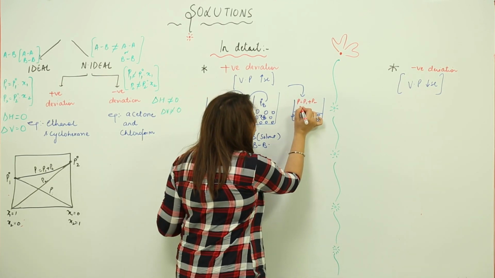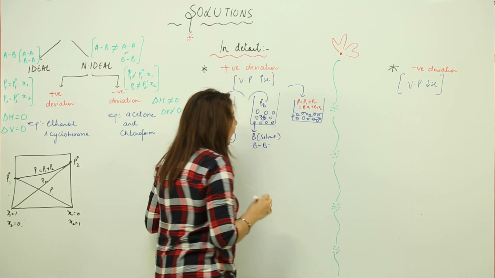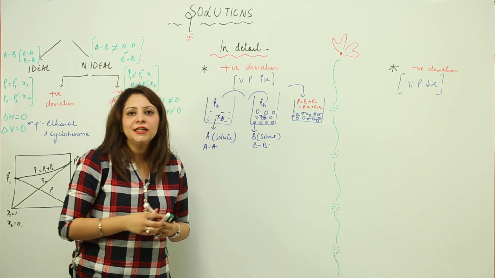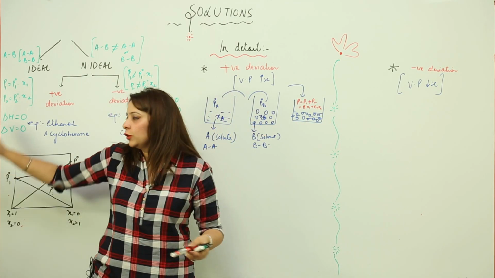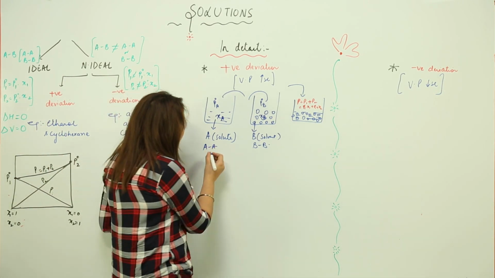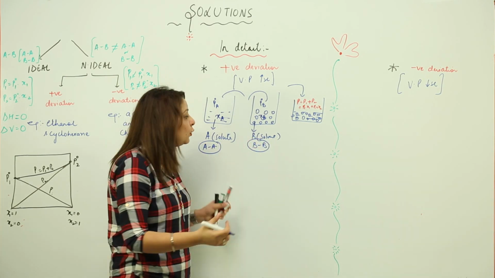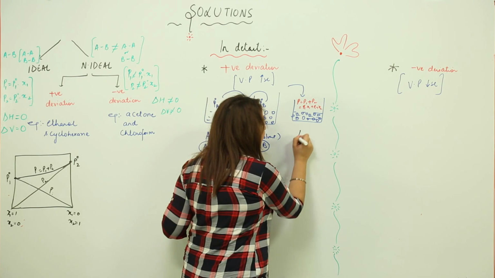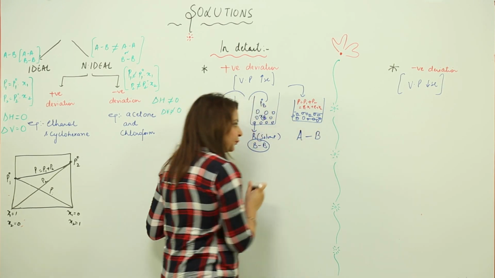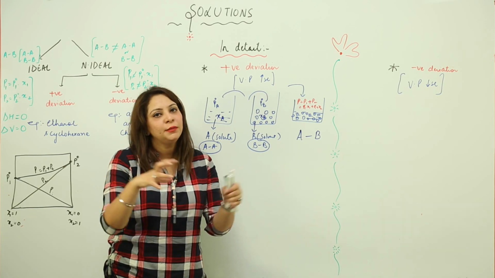So it is equal to P1 naught into X1 plus P2 naught into X2. It should actually happen like that if it is an ideal solution, as I told you here also. But now what is happening in this case? The interaction between AA and BB is of a certain value, but when we mix them, there is obviously an interaction between A and B, right, because when you mix solute and solvent, there is always an interaction that holds A and B together.